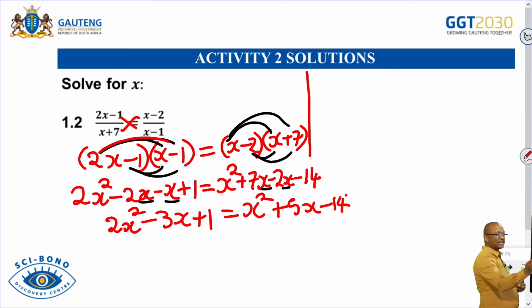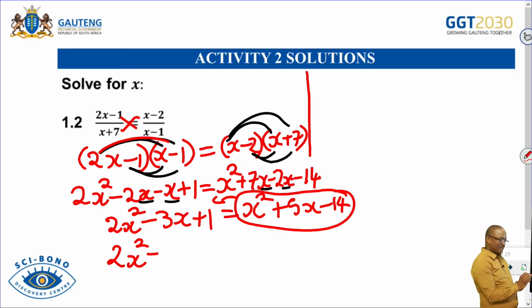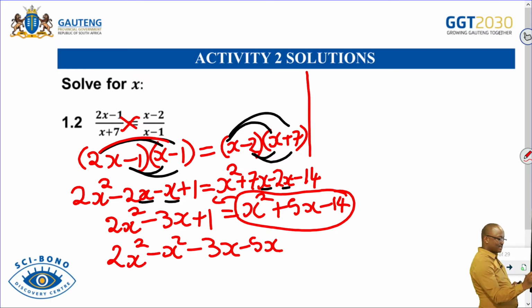Now I can decide to transpose everything from this side to the left-hand side. Then I only have 2x squared minus x squared minus 3x minus 5x plus 1 plus 14 is equal to 0.